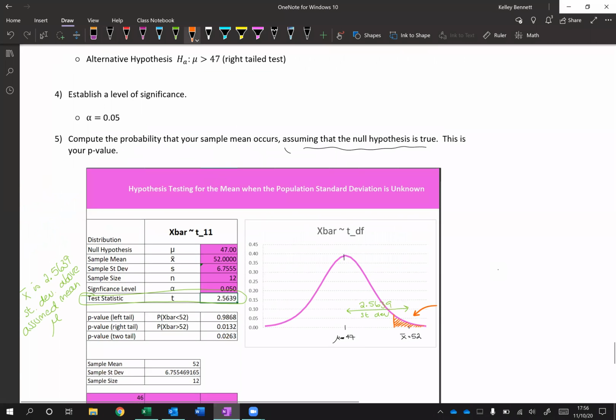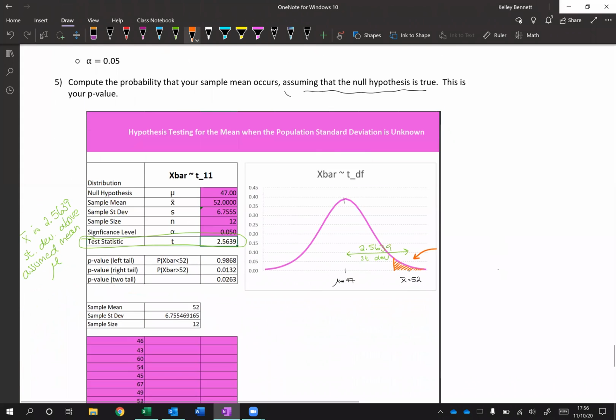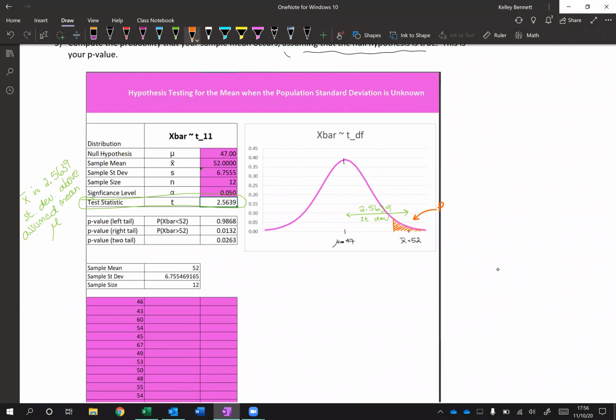Let's look at our null and the alternative. We want to show that mu is greater than 47, so this is a right-tailed test. This rejection region has area equal to alpha, which is 0.05.